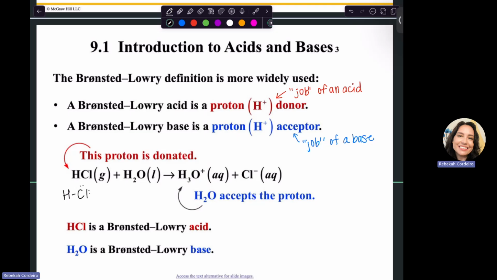So if I draw out these Lewis structures, we see over here that hydronium again. And then we have this chloride ion.